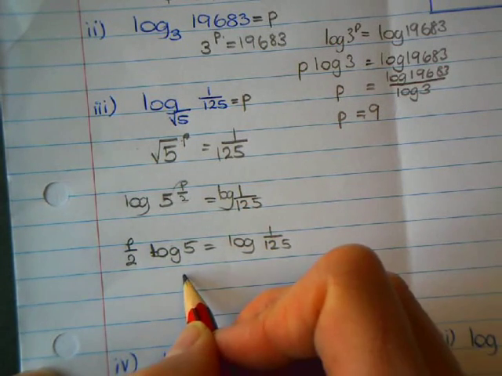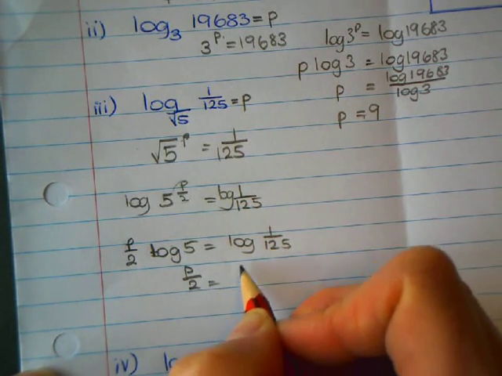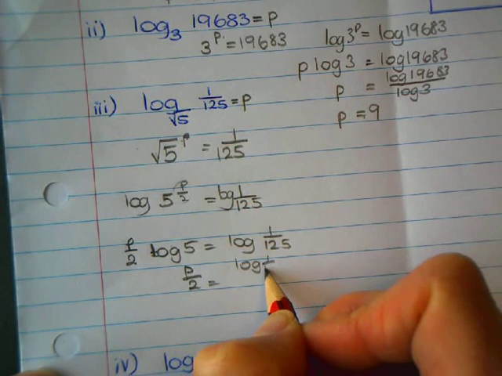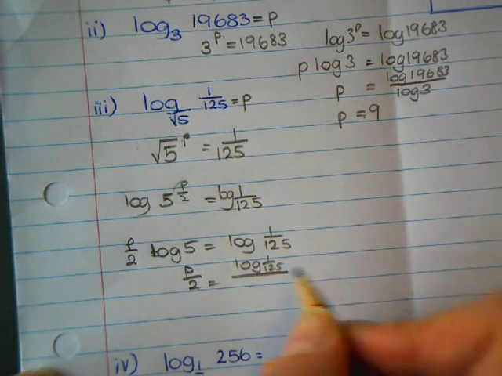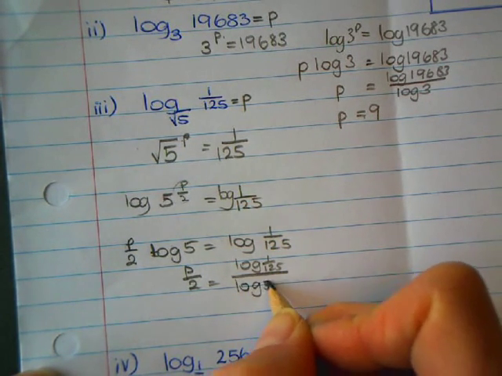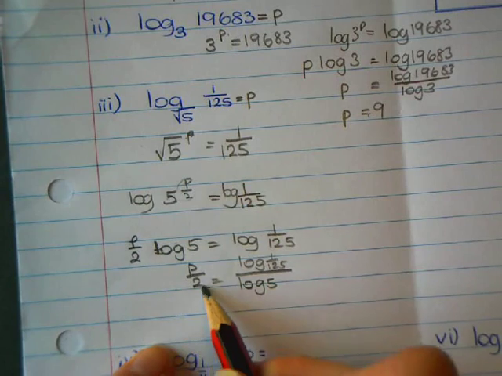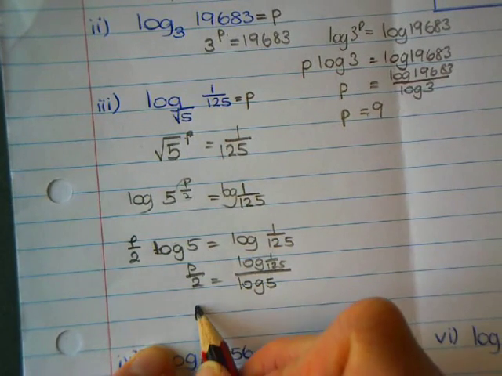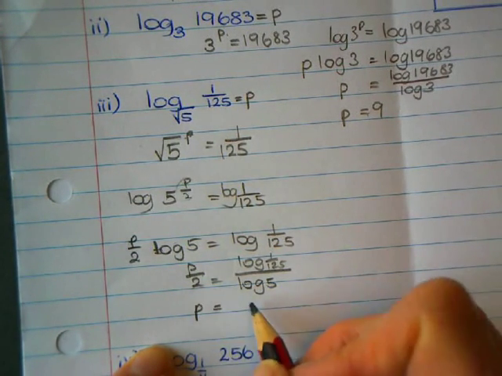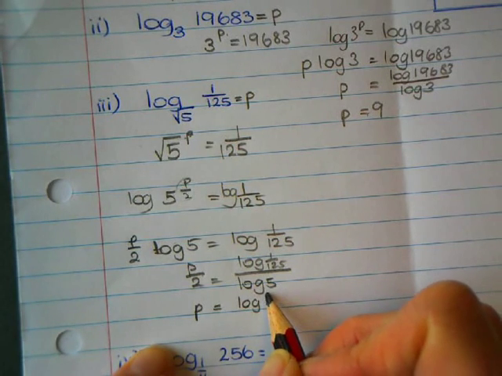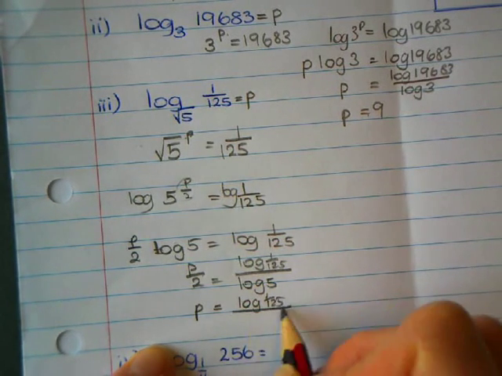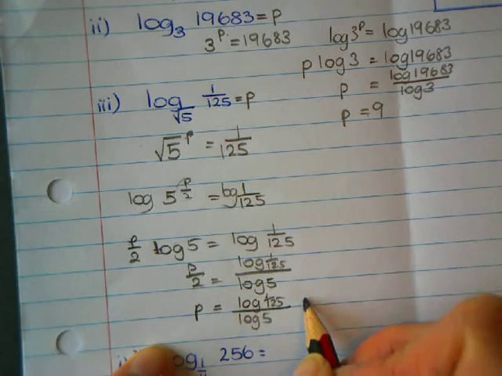So now simply finish off: P divided by 2 equals log 1 over 125, all divided by log 5. Notice I do not pick up my calculator until the very end. And dividing by 2, I'm going to have to multiply that whole thing by 2. So it'll be log 1 over 125 divided by log 5, times 2.